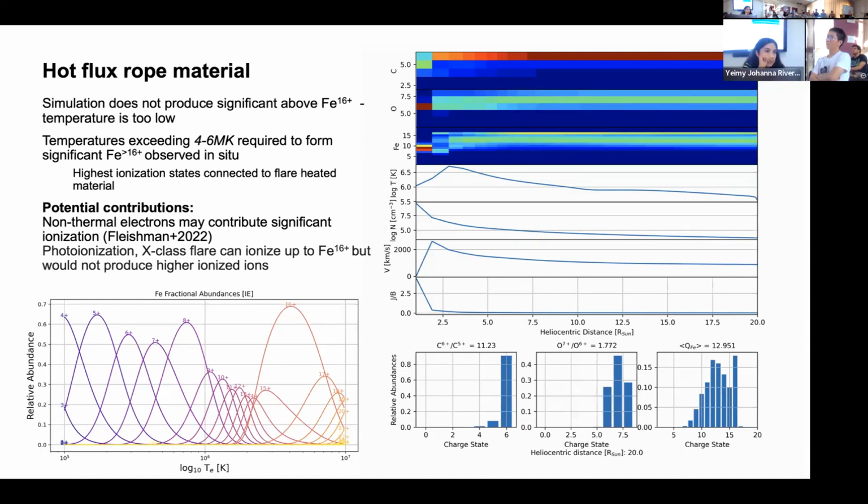So if we go back to some of the assumptions that we were talking about before in our model, beyond the model not actually getting to the temperature needed to reproduce some of the most ionized charge states that we see, there's also the potential of non-thermal electrons contributing to the ionization in the plasma that is essentially not accounted for. If you remember, all the distributions of the electrons are fully Maxwellian, so we really don't account for any energetic electrons in the high energy tail.